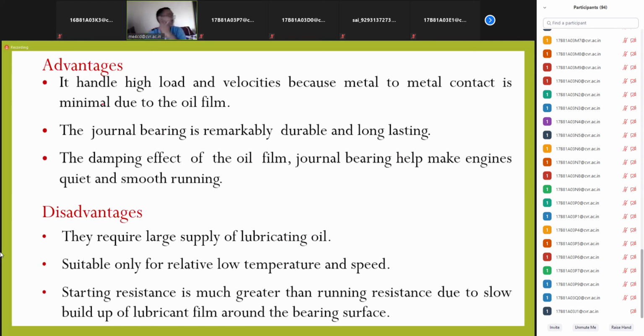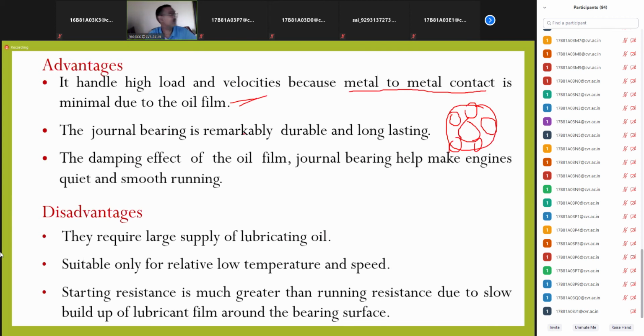And what are the advantages? It handles high loads and velocities because there is no metal to metal contact. If you take rolling contact bearings, there is contact because of the balls, and the rolling element will be rolling continuously, so there will be wear and tear. That is not the case here.